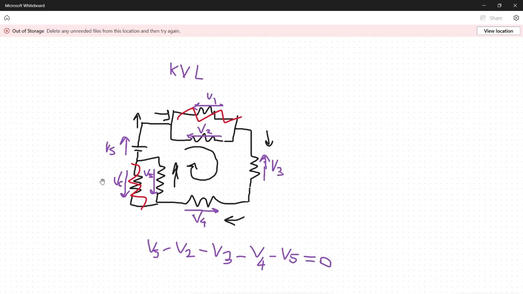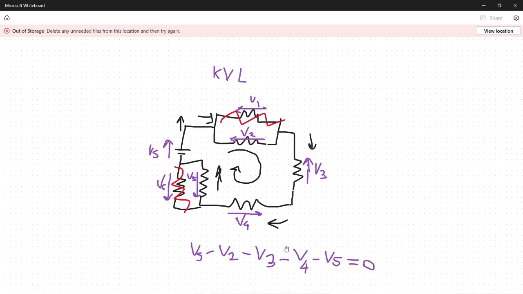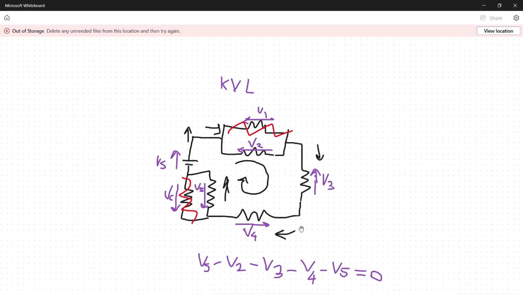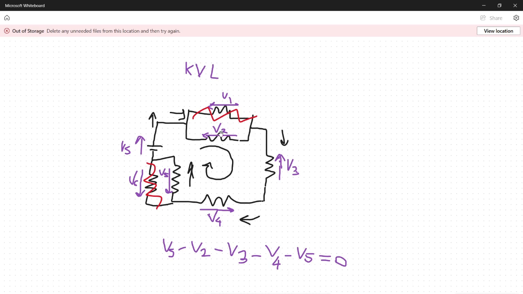So I don't fully understand why this works, but I believe it has to do with the geometry of circuits. Because if two of these voltages are in parallel, well, they'll be equal. So V1 is the same as V2 as per parallel circuits.